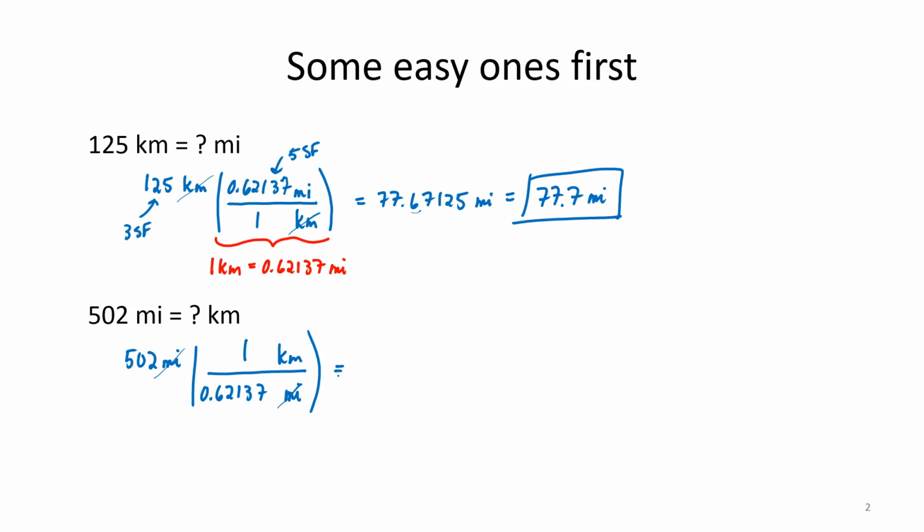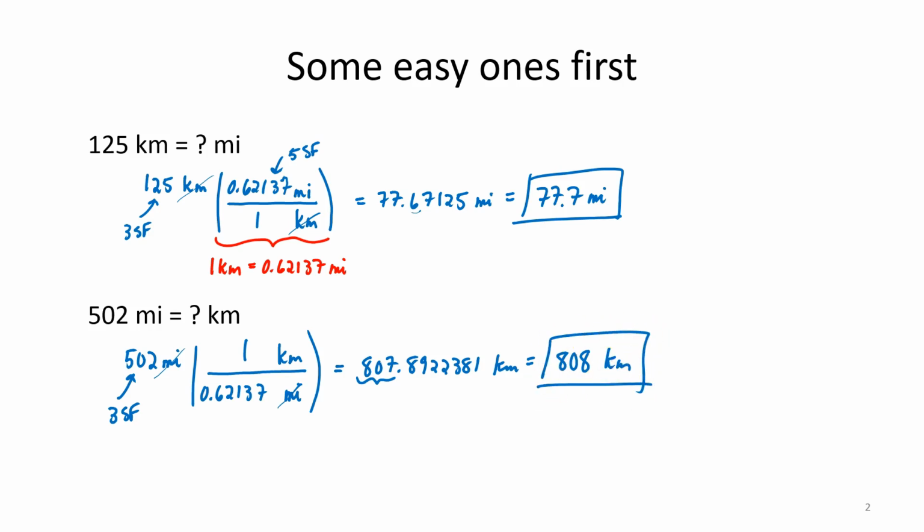And let's do the arithmetic. Again, I think we're going to have 3 sig figs in our answer. And I got 807.8922381 kilometers, but if I only need 3 sig figs, I would call that 808 kilometers.